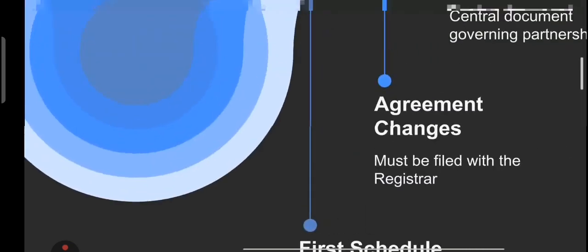That is called ratified by all the partners post incorporation.